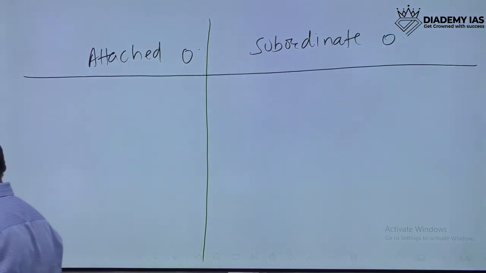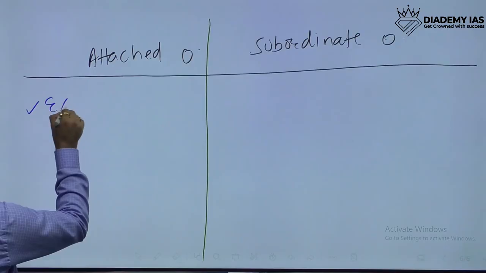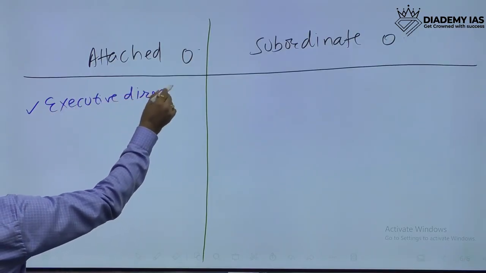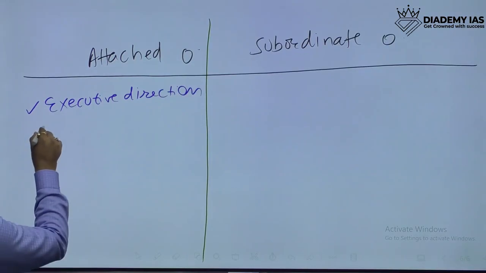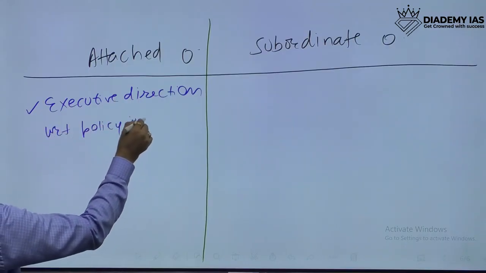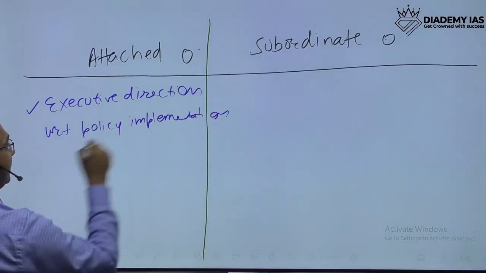Attached offices are basically for providing the executive direction with respect to policy implementation by the department.